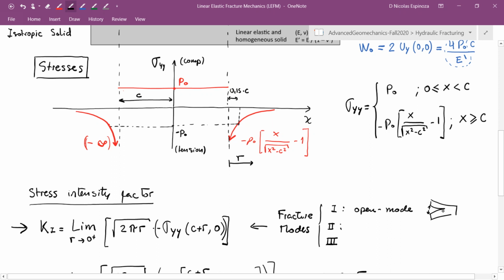This is open mode. There are other two modes of fracturing, and also two other definitions very similar to this one of the stress intensity factor that apply to a fracture shear in plane and shear out of plane.